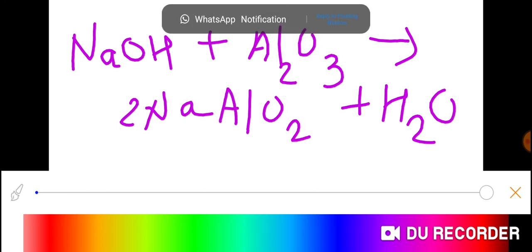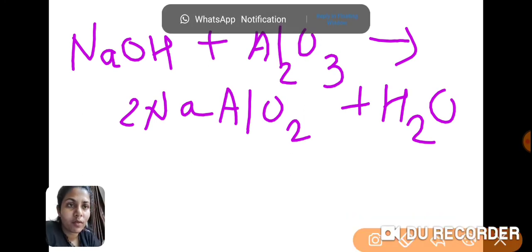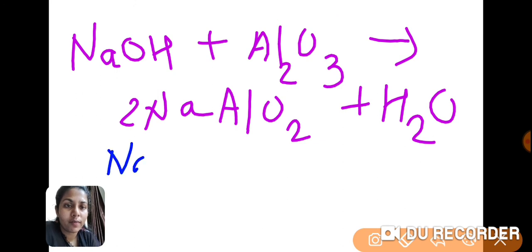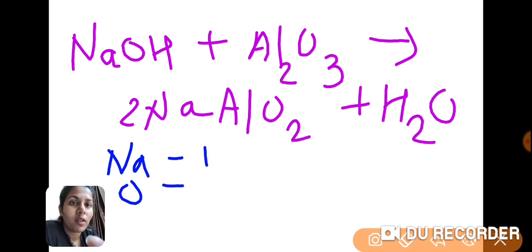So here, if we compare both sides, Na 1 molecule, oxygen total on the reactant side in NaOH 1 molecule and in Al2O3 it's 3 molecules, so total 4 molecules of oxygen, and on the product side 2 molecules of Na, sodium.